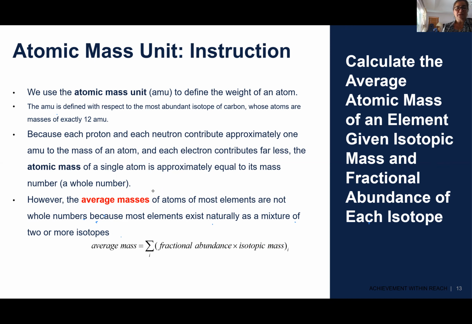In the periodic table, what is recorded is the average mass. The average mass is the fractional abundance of the atom times the isotopic mass. So if you have an element that has 2 or 3 different isotopes, and they have different abundance in nature, then we have to do the calculation.